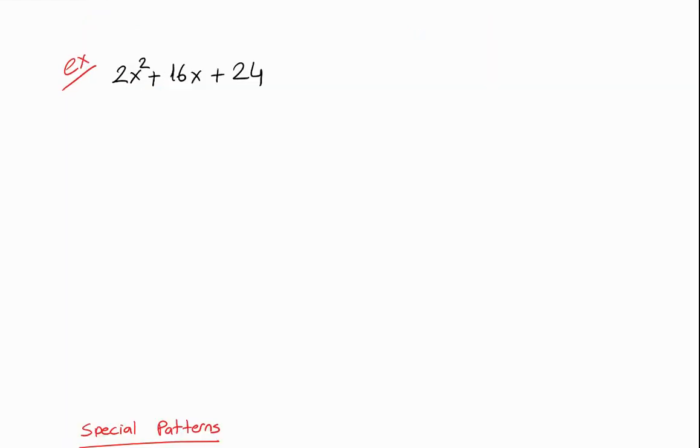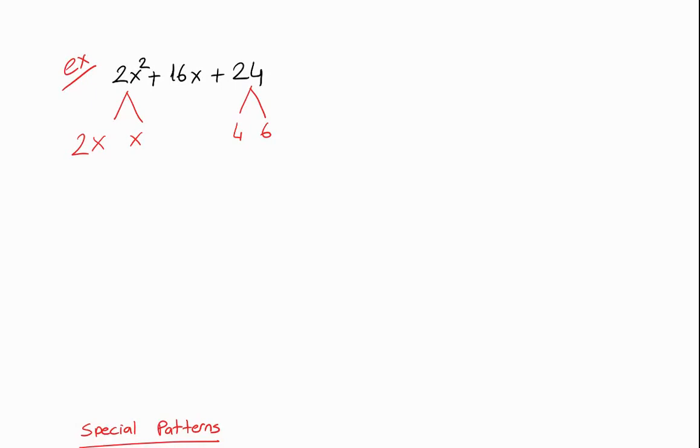Okay, so let's see another example. In here I have x and x, but one of them is 2x, and here I have 4 and 6. So when I multiply these numbers, I should get 16x.